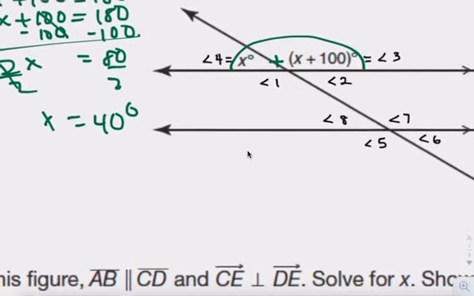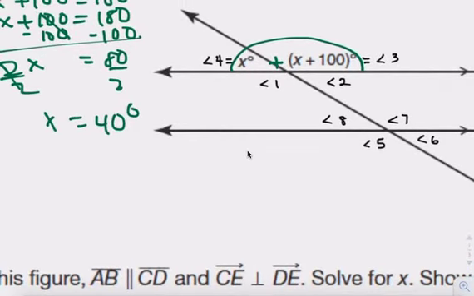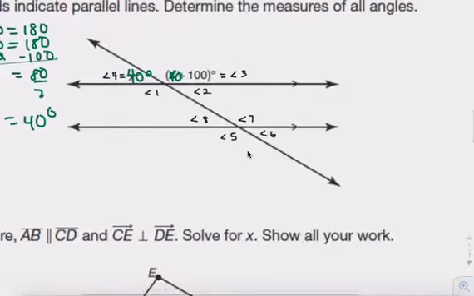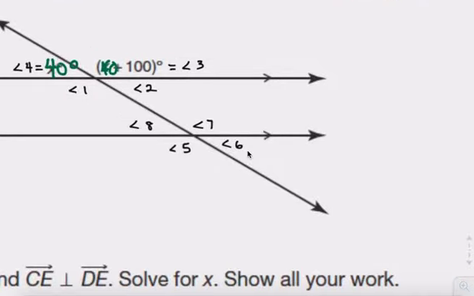So this measurement of angle 4 is 40 degrees. Therefore, if this is 40, then it must be 100 and measurement of angle. Okay, let's put this down. Measurement of angle 4 equals 40.